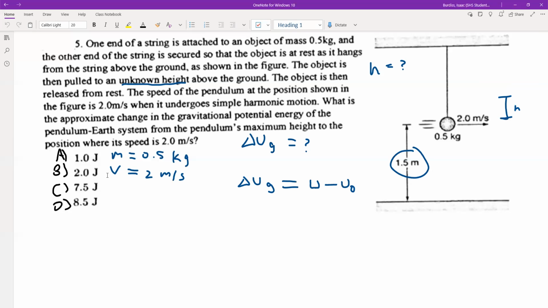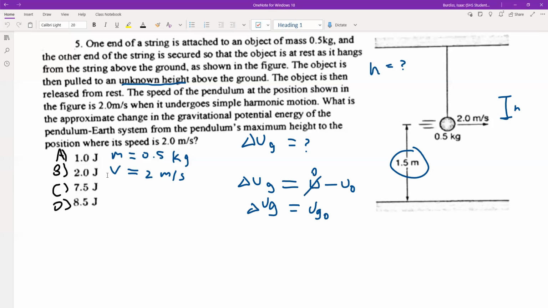And since, when the pendulum reaches the bottom, the gravitational potential energy is 0, the final U is 0. So we know that the change in gravitational potential energy is just going to be the initial gravitational energy. But we don't know that, do we?